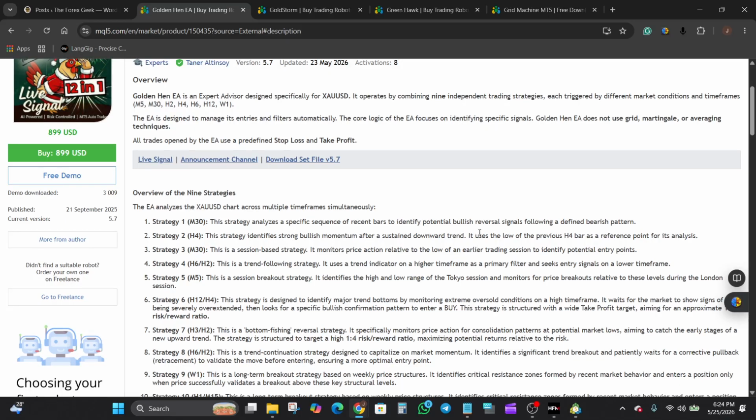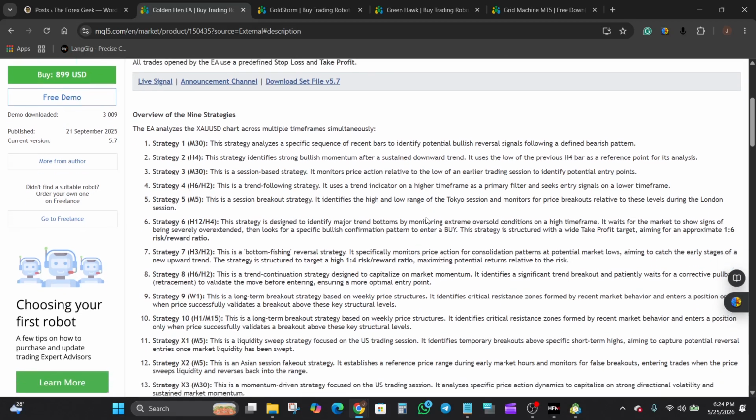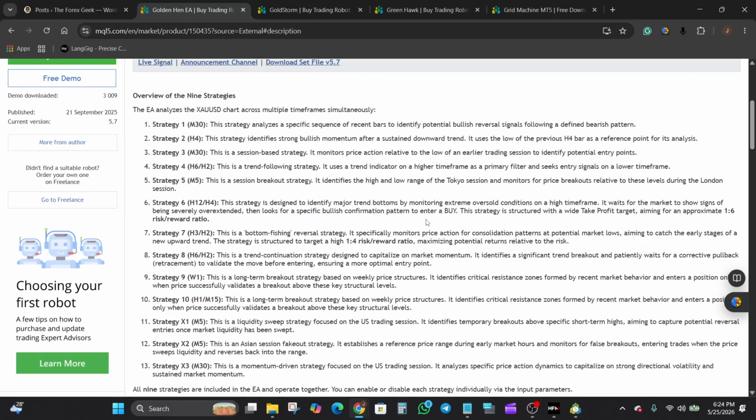Now, moving into the strategy breakdown, each strategy is tied to specific market conditions. For example, some strategies focus on short-term reversals on M30, others focus on breakout behavior during sessions like Tokyo and London, and others are designed around higher time frame trend continuation or long-term breakout structures.